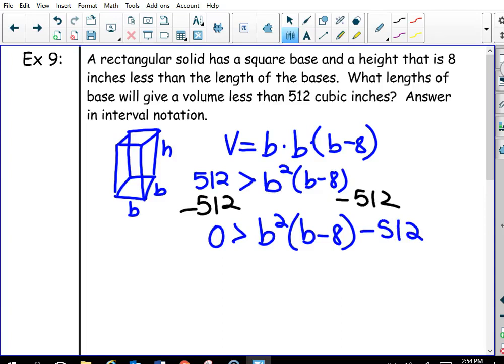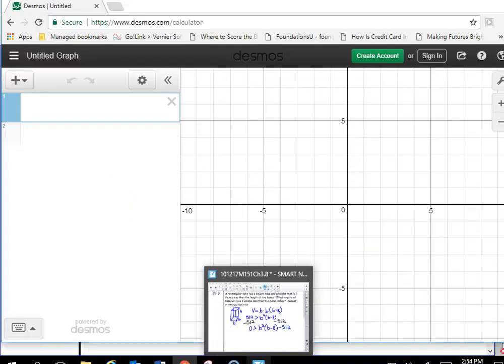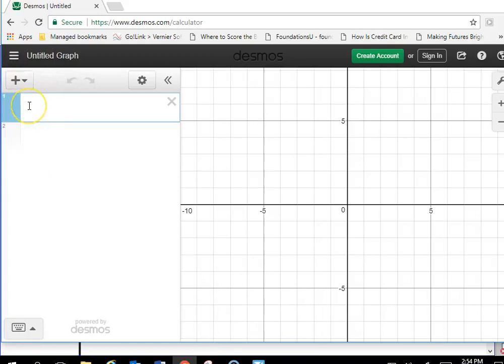Now I'm going to take this and throw it in the graphing calculator. I could also look at all possible rational zeros of 1 and 512 divided by 1, but that is a lot of numbers. So I'm going to throw this in the graphing calculator and see where my zeros are. So it gives us a place to start. All right, so I'm at Desmos, and I'm going to enter this, I need to use x's.